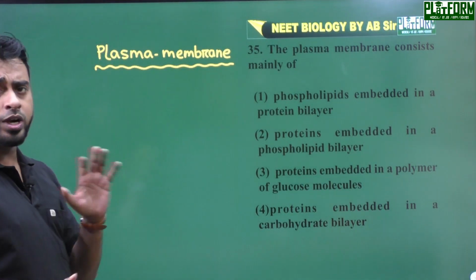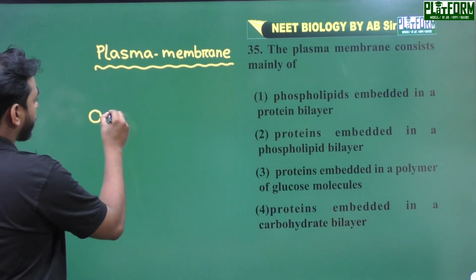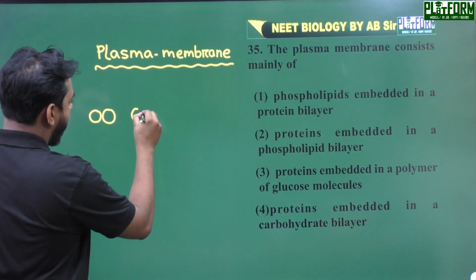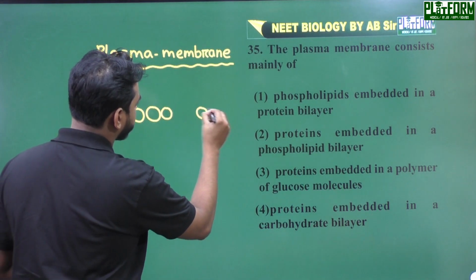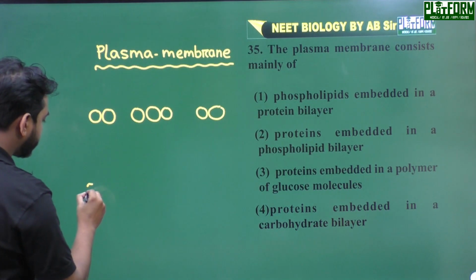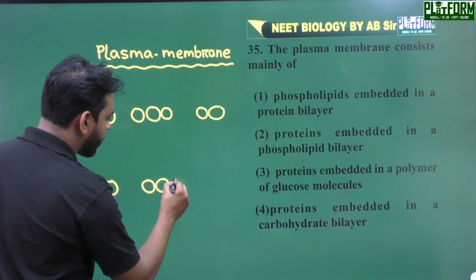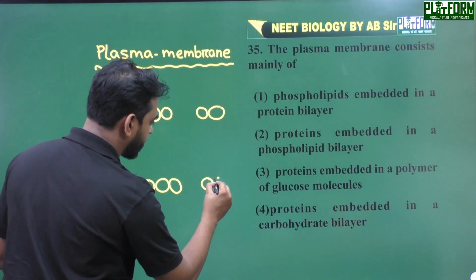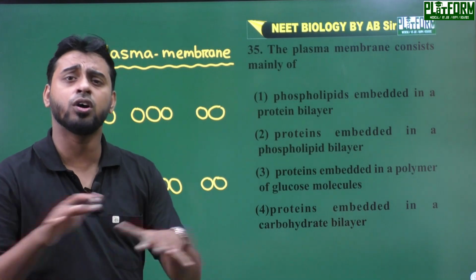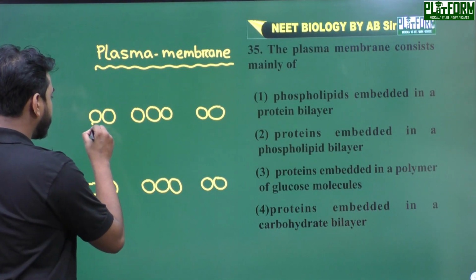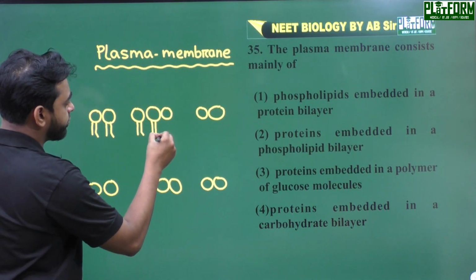So according to the fluid mosaic model, the protein molecules are embedded in the sea of phospholipid bilayer. Very much like icebergs. We know that icebergs are floating on the sea. Similarly, let's assume this is a sea of phospholipids.